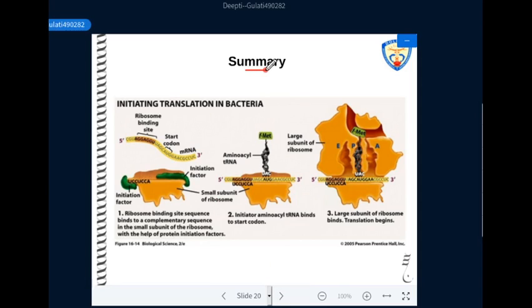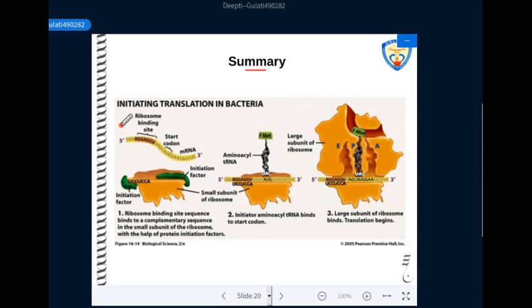So how to summarize the process of initiation of translation in prokaryotes? The first step is we have a 30S ribosomal subunit. It binds to two initiation factors, IF1 and IF3, and then it starts looking for the messenger RNA molecule.